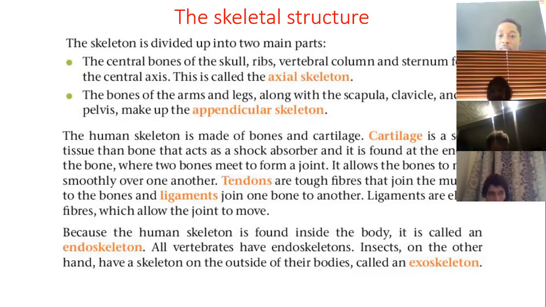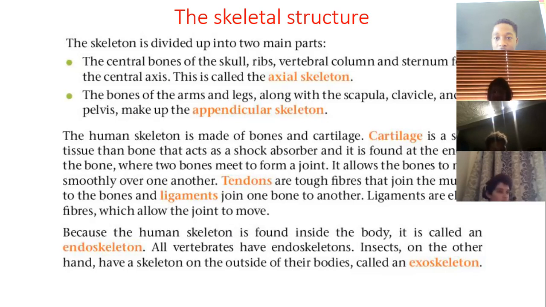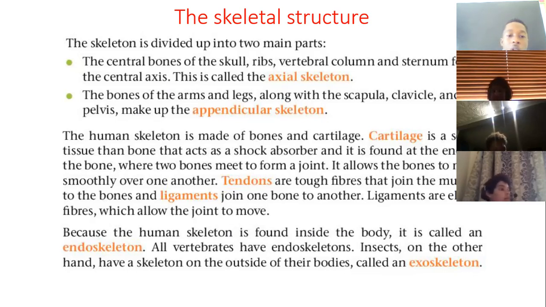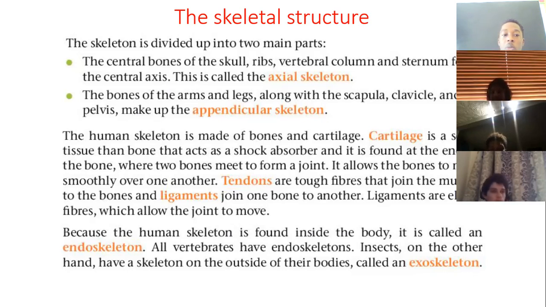All right. So where was I now? So the cartilage acts as a shock absorber and is found at the end of each bone, where two bones meet to form a joint. It allows the bones to move smoothly over one another. That's why I am able to do this, and I am not feeling any pain.